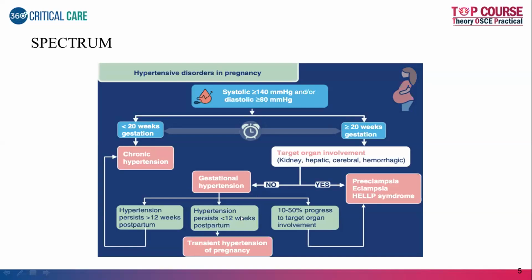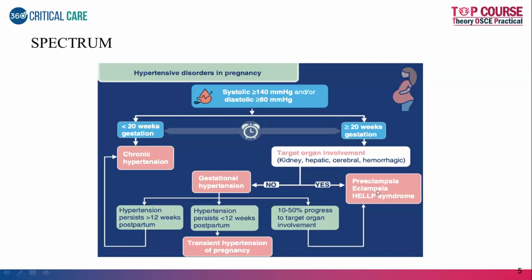Okay. Now the second group comes: if the hypertension persists less than 12 weeks postpartum, that is known as transient hypertension of pregnancy. Whereas in gestational hypertension, which doesn't have target organ involvement, around 10 to 50% slowly progress to involve one of the organs, and that time again you need to call it preeclampsia, eclampsia, or HELLP syndrome.